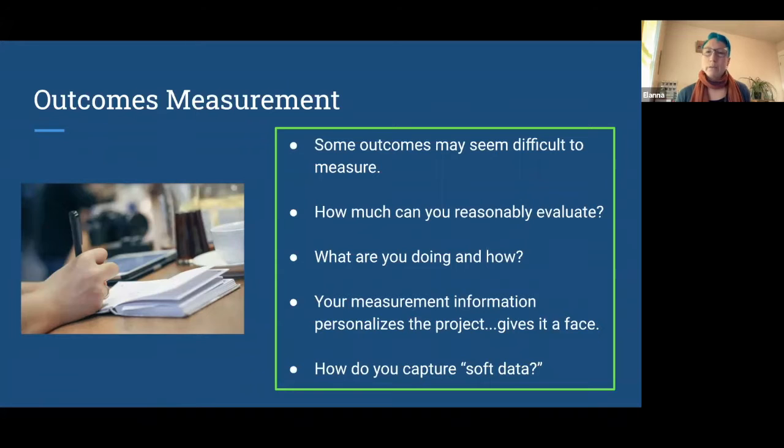And how much can you reasonably evaluate? Not everything has to or needs to be evaluated, and it's up to your project leaders to identify what needs to be evaluated and counted and measured. So what are you doing and how?